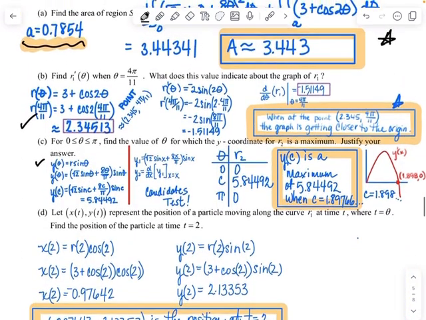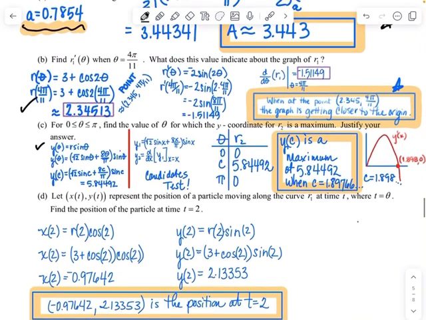So I would just take that into a calculator, and y1 is the y function, r sin θ, and then y2 is going to be the derivative of y1. And when we do that, then we get our critical numbers. So our critical number is going to be 1.898. And then with that, we're going to call that our c value.